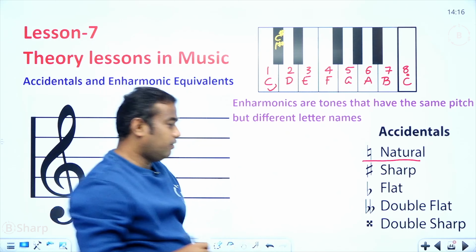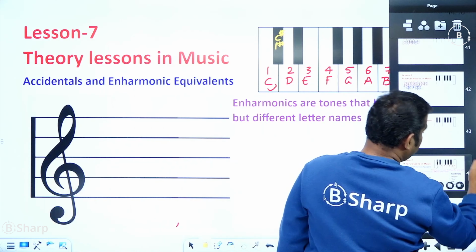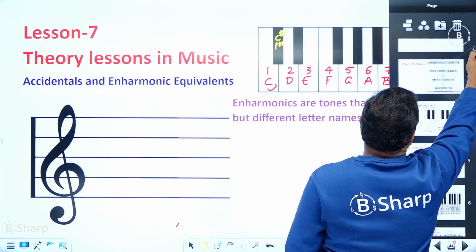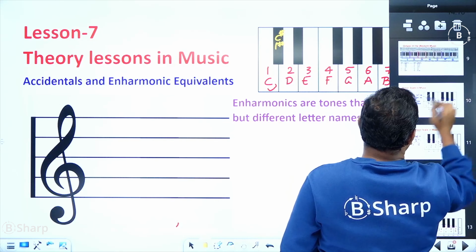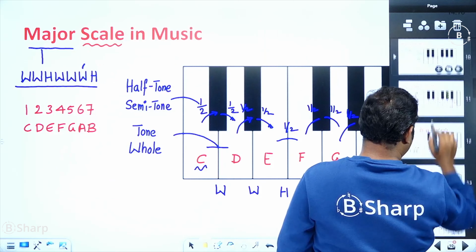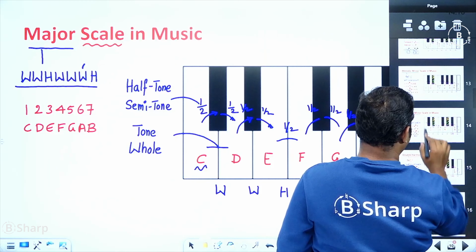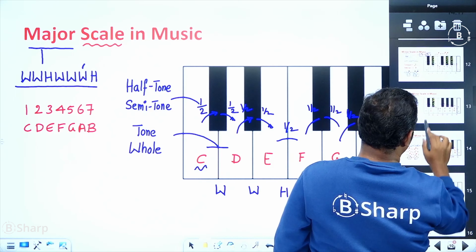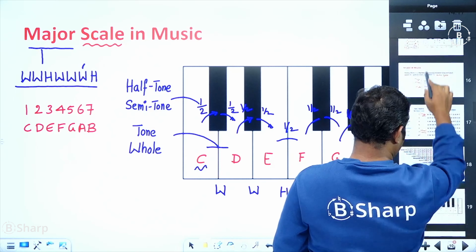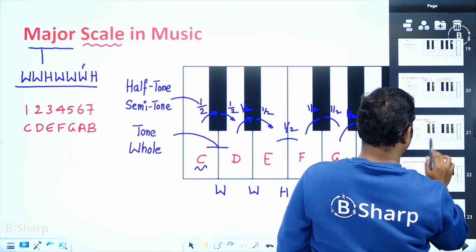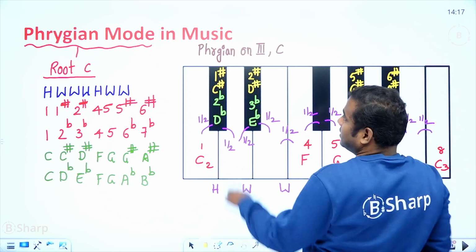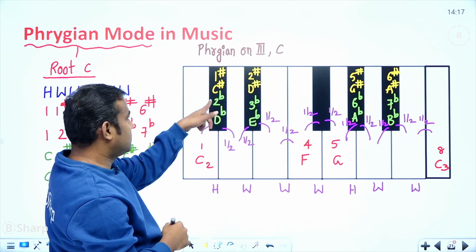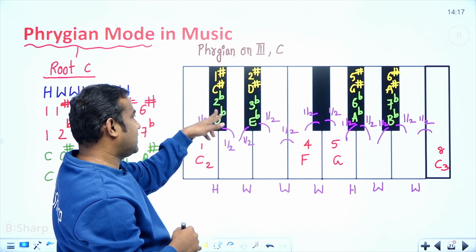If you could carefully recall the previous class, please go to the previous videos where we discussed all these things, for example, the major scale. When I was discussing the Phrygian mode, we said this is the 1 sharp, C sharp, or else a D flat or 2 flat.